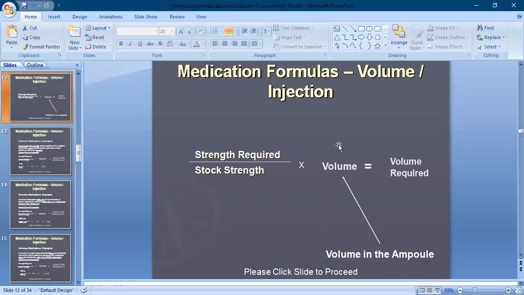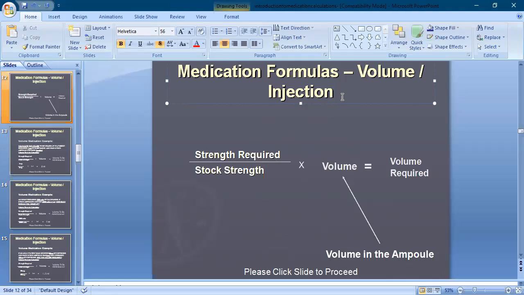You have to write 1 there and calculate with the formula. You will get the answer, with no confusion and 100% confidence. Okay, so this is the medication formula for volume or injection.